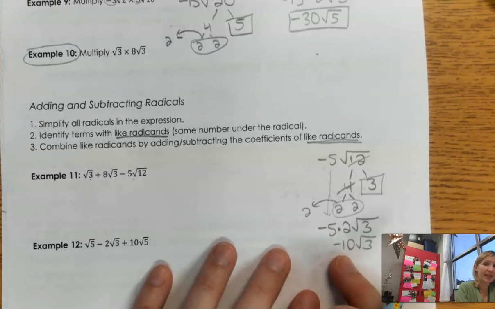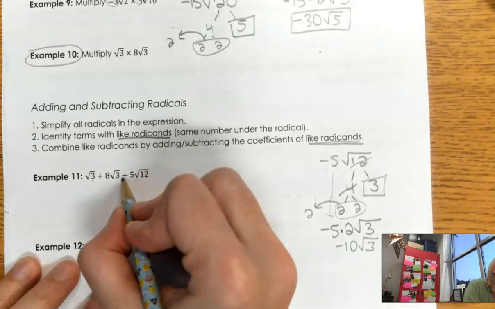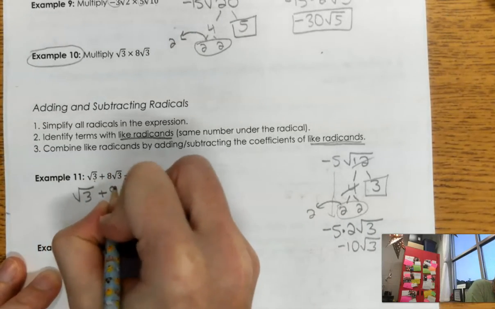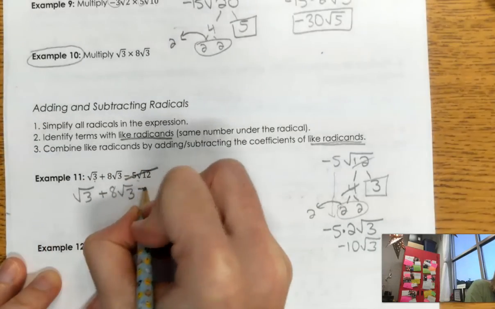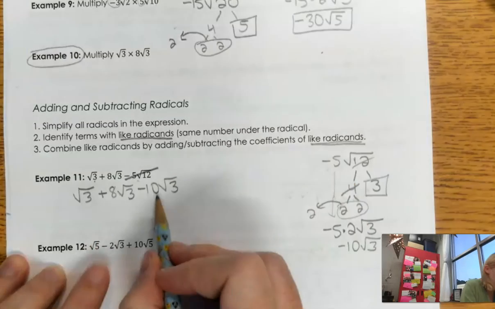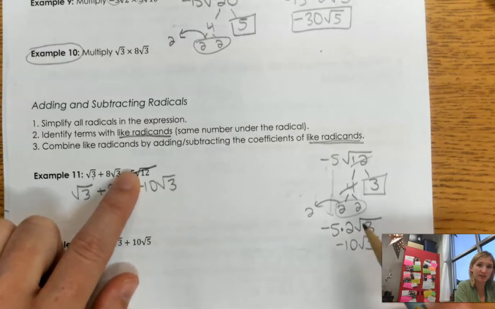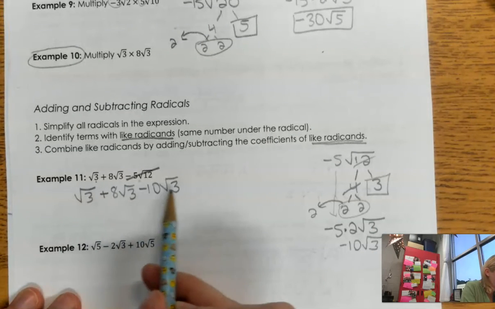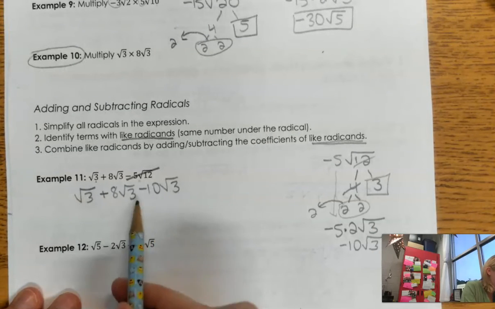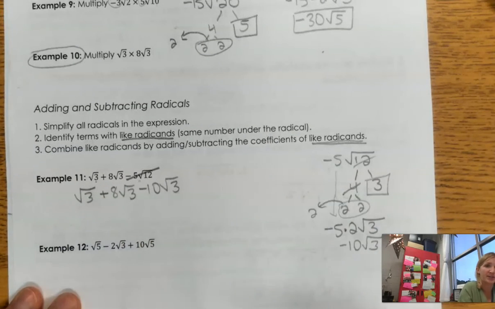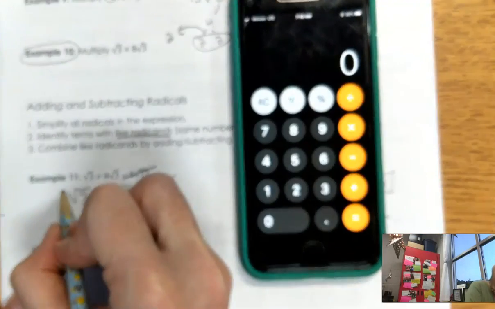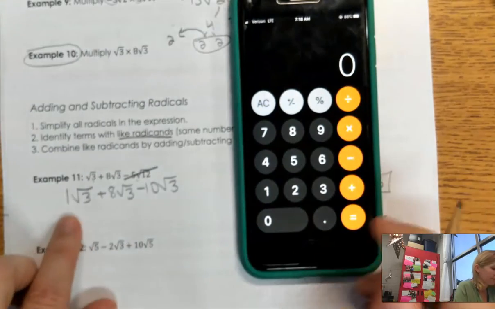So what I'm going to do is take this and plug it in for what we had up here. So square root of 3 plus 8 square root of 3 minus 10 square root of 3. We simplified it to 10 square root of 3. And now look, every single one of my radicals has the same radicand, so that means I can add them all together. I don't see anything in front of the first one, but I know that's a 1 when I can't see it.